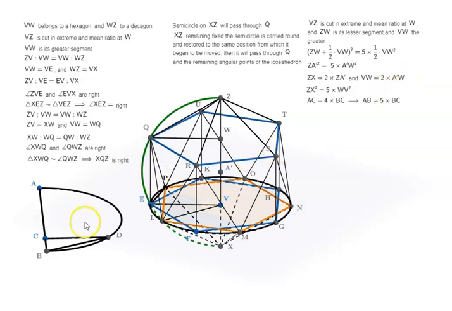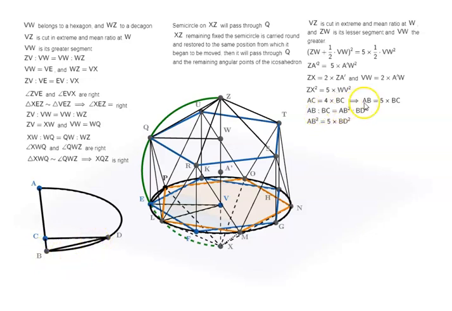And we know AC is 4 times BC. And if we add BC to AC, then AB will be 5 times BC. And we also know that AB is to BC is equal to the square on AB is to square on BD.